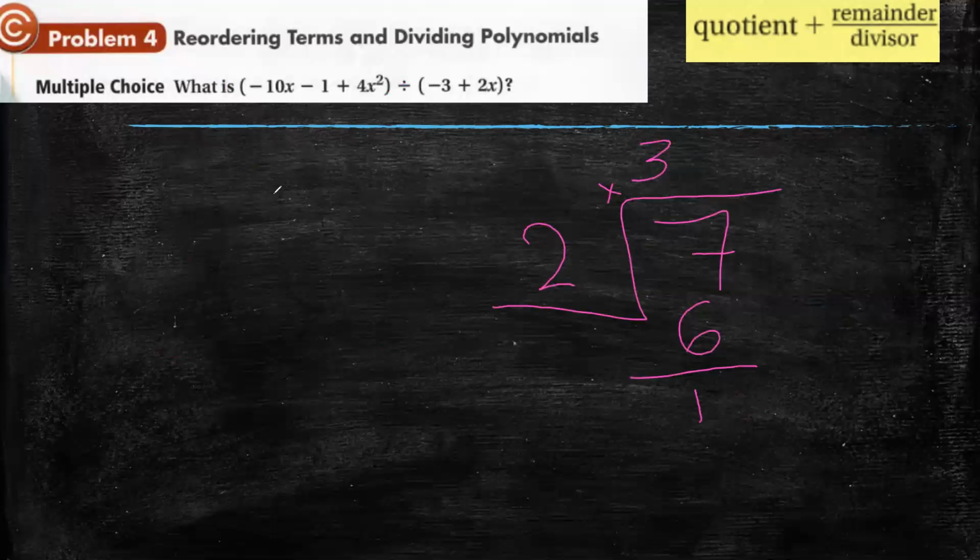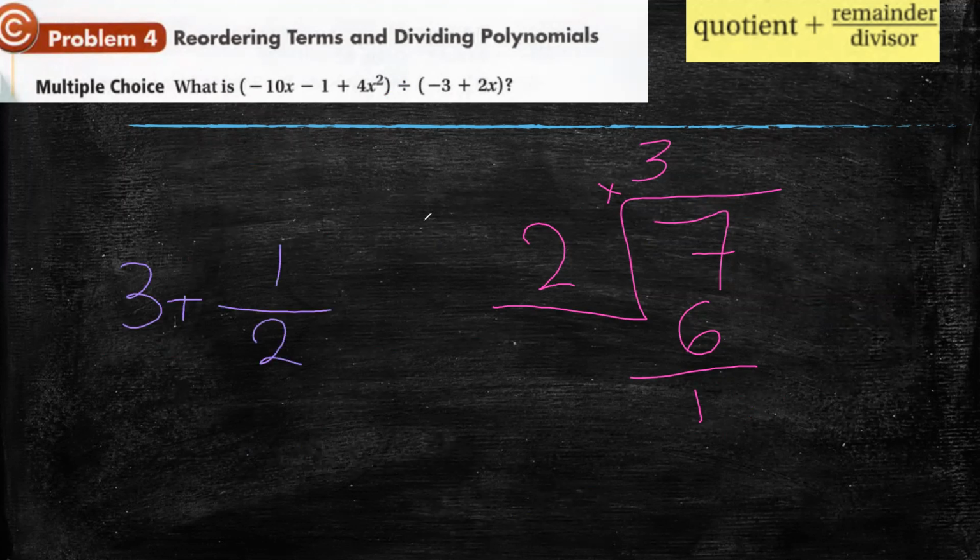So how did you write it? You write it as the quotient plus the remainder over the divisor. Or you can say it's 3.5.